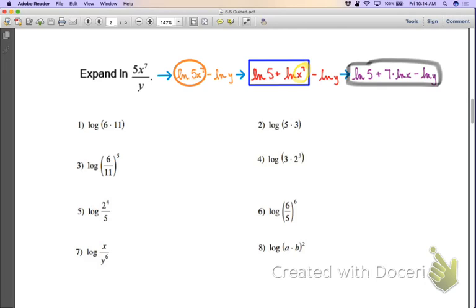If you want, you can take the 5 and put it out in front. What I would suggest, so you don't lose anything on number 3, is to take that 5 to each power and rewrite it as log of 6 to the 5th over 11 to the 5th.